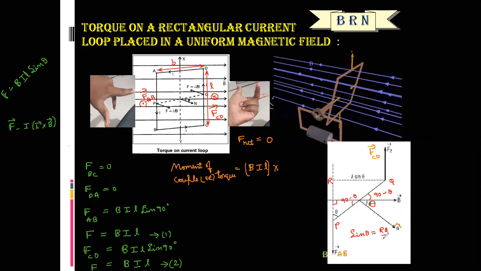So PQ is b, where b means breadth. So RQ is equal to b sine theta. This is the perpendicular distance between the two forces. The magnitude of one of the forces is BIL, and the perpendicular distance between the two forces is b sine theta.